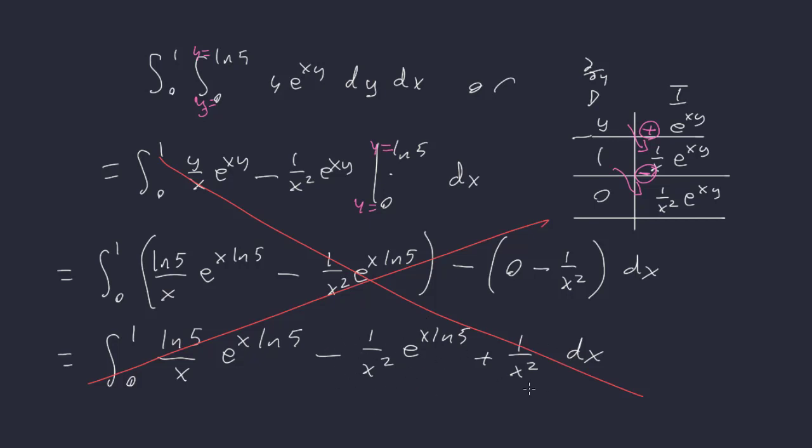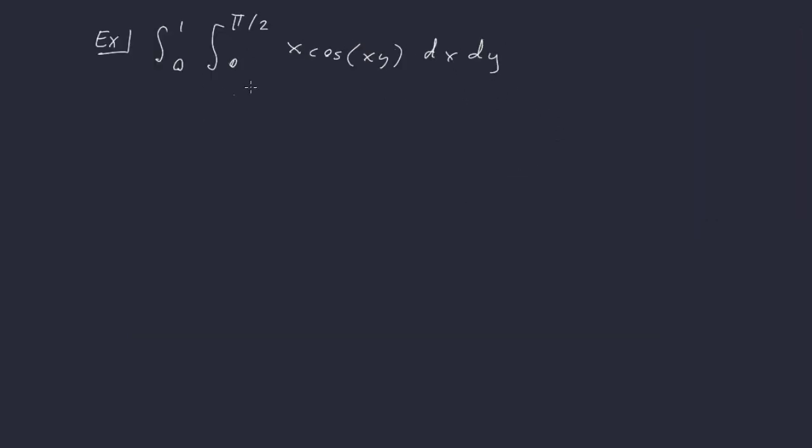So order matters. That hopefully is the takeaway here, that order matters. For a similar example, if I have the integral from 0 to 1 and 0 to pi over 2 of x cosine of xy dx dy, this order is going to require integration by parts.